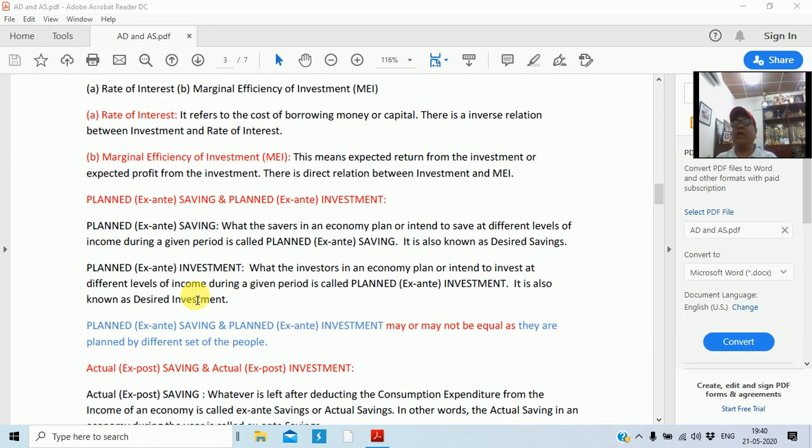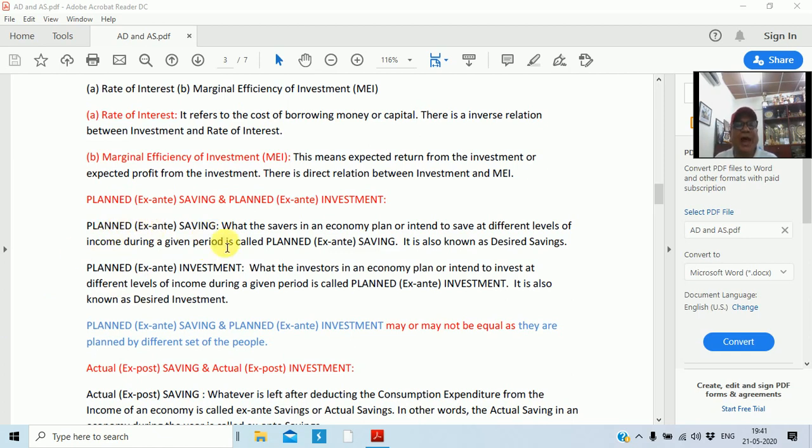So in the economy, when we talk about how much planned saving is, how much planned investment is, how much planned or desired saving is or desired investment is, that is called planned saving or planned investment or ex-ante saving or ex-ante investment. So here we talk about the saving.